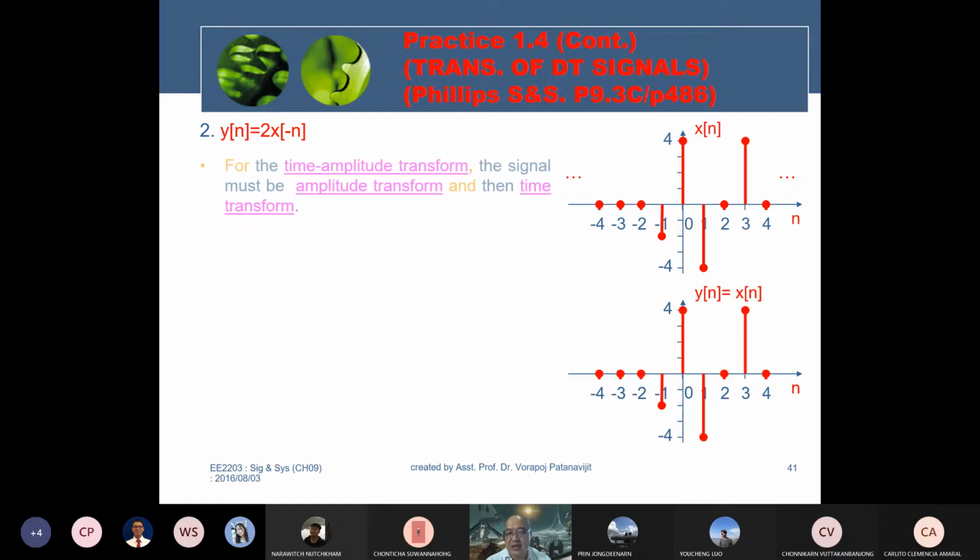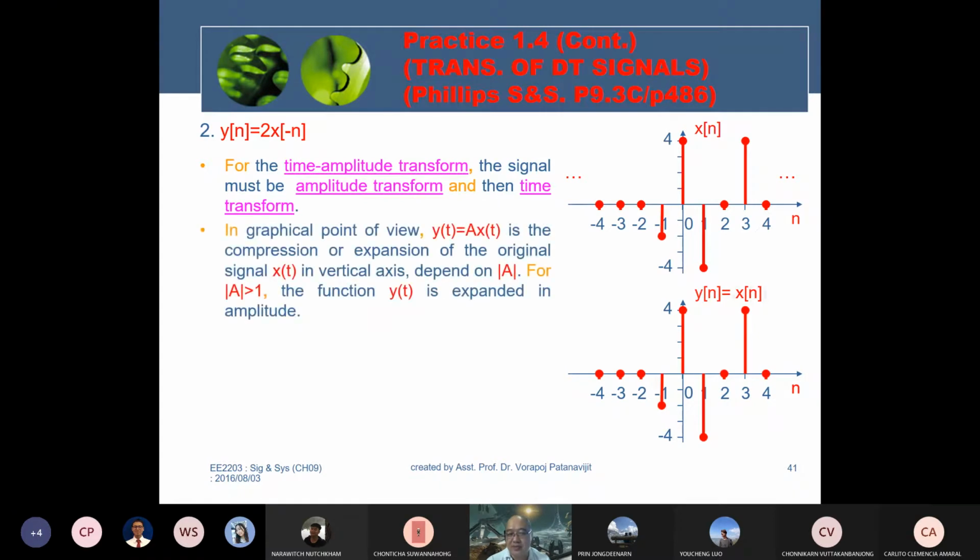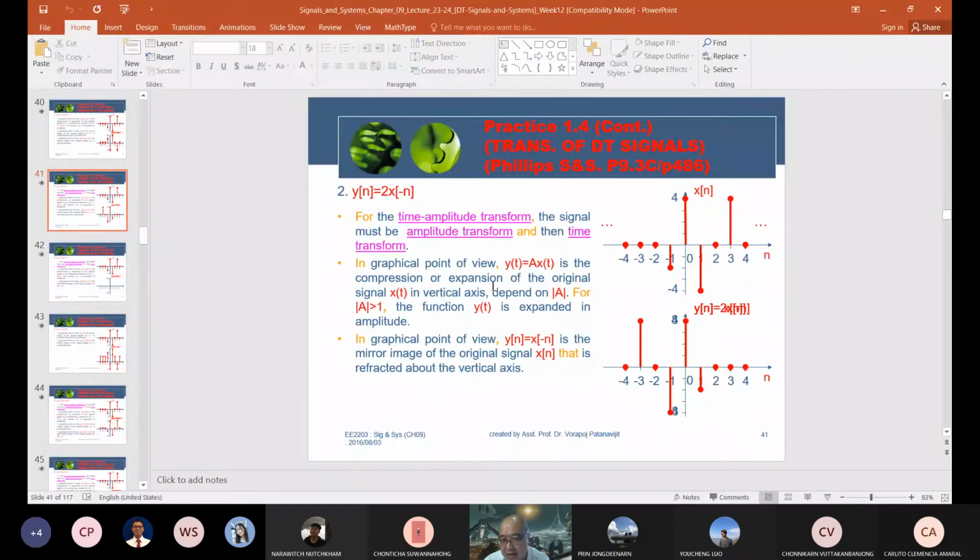In y[n] equal to 2x[-n], the 2 represents amplitude scaling, and the minus n represents time reversal. For the time and amplitude transform, the signal must be amplitude transformed first and then time transformed later.